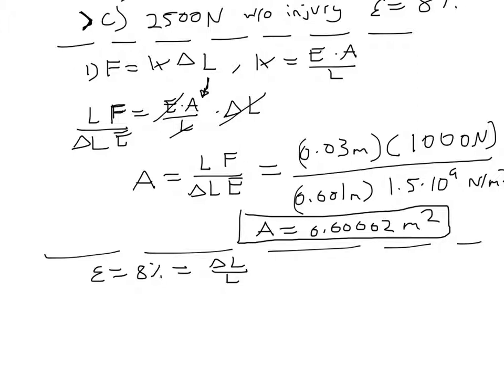In this way, we can solve for the change in length. So the change in length of the tendon is going to equal 0.08 or 8% times its starting length, and the starting length is 0.03 meters.